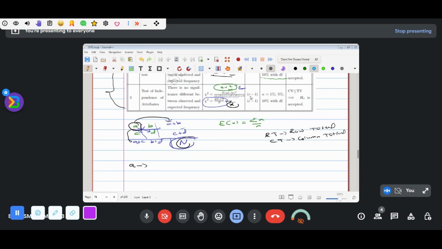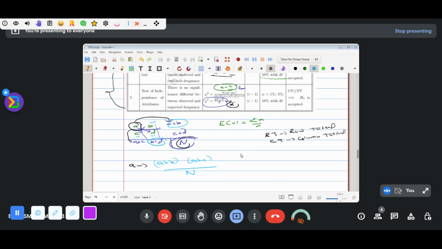This is the formula for A. Similarly, we can find the B value using its column total and row total divided by N. Similarly, we can find C and D. For the 2 by 2 matrix, use this formula.